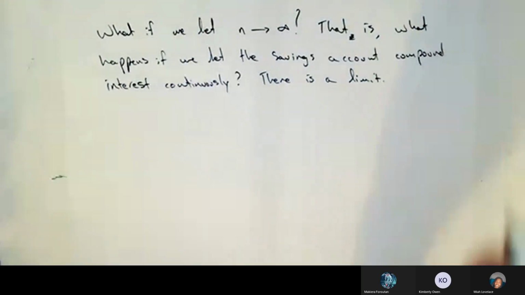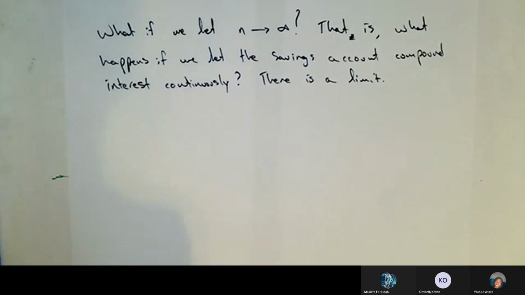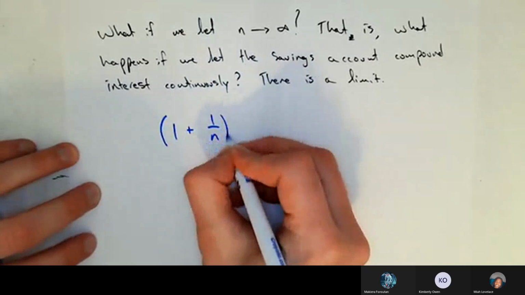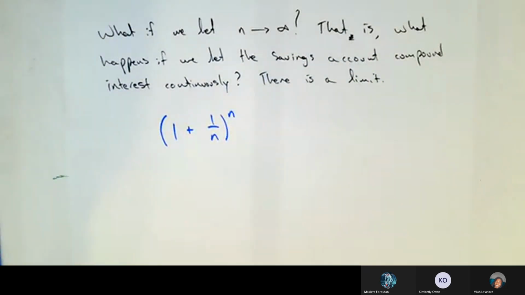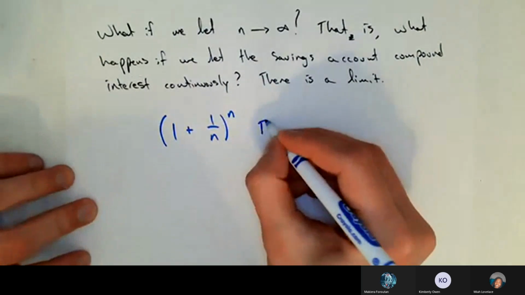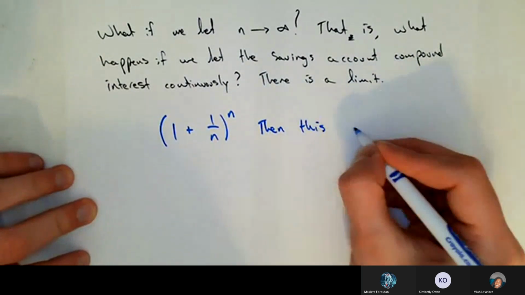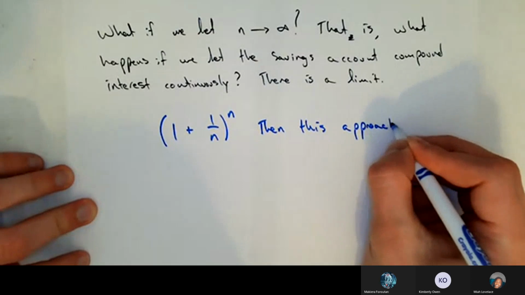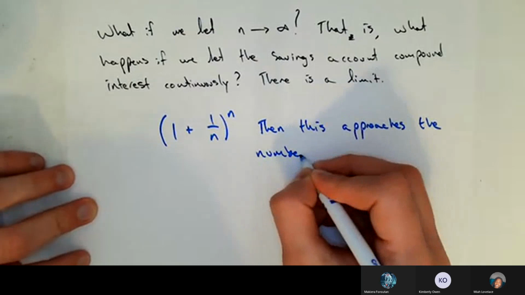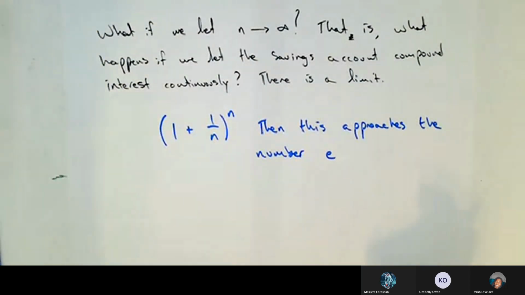There is a limit, and that limit is coming from this relationship, which says that if we let 1 plus 1 over n raised to the n, so ignoring time, ignoring the p value, making time and p and r all just be the number 1, so we can just play with n here, then this approaches the number e, which is a button on your calculator you've probably seen before.